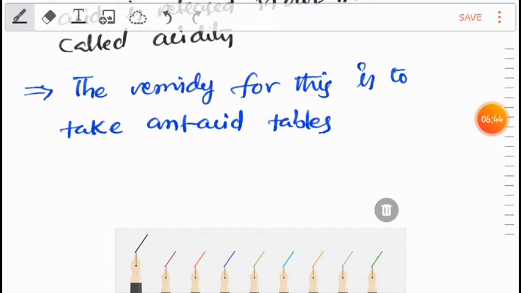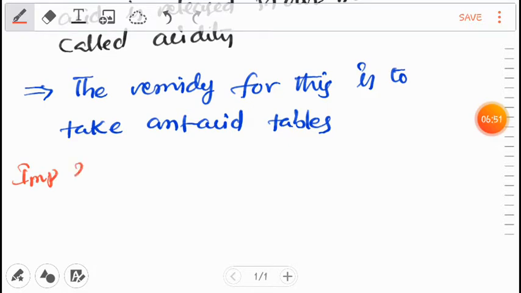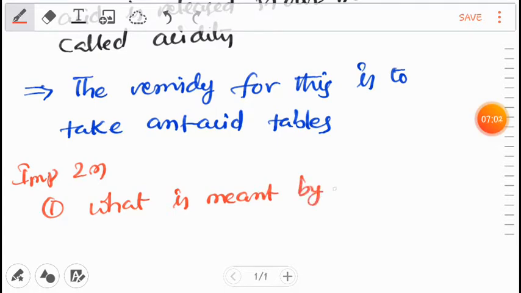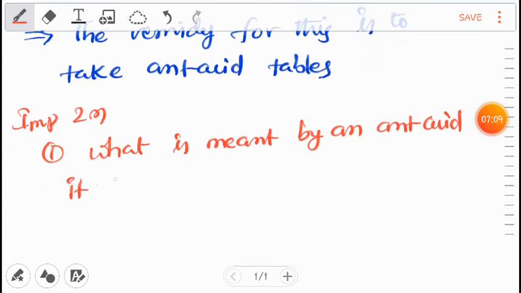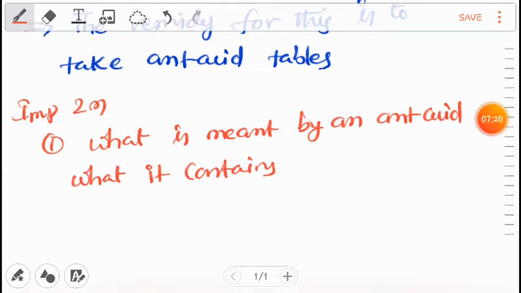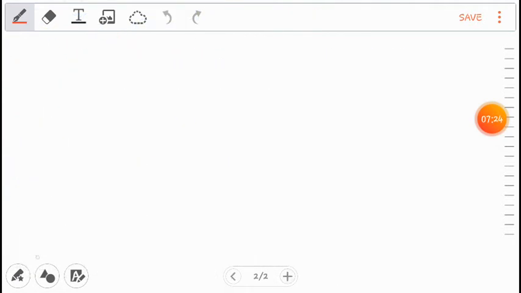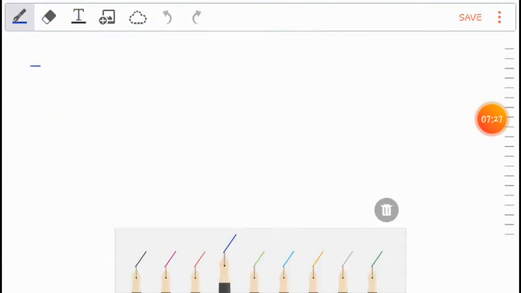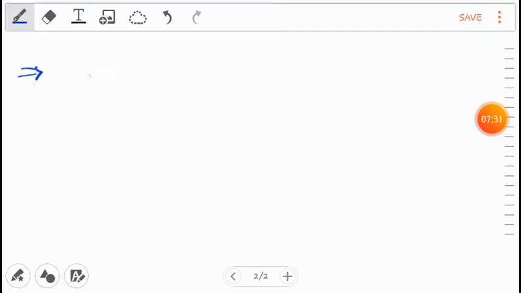Now an important question, 2 marks, which I explained before: what is meant by antacid, and what does it contain? What is the answer? Antacid is a remedy for acidity.